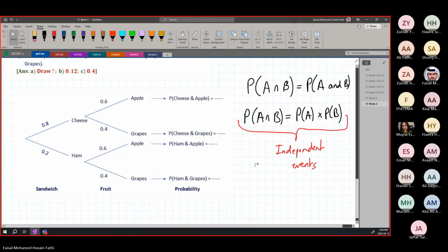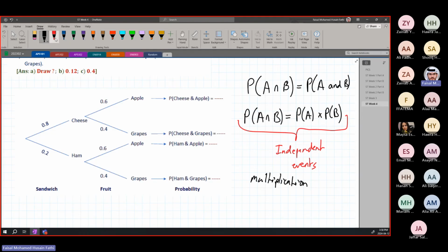Now, it's very simple. All you're going to have to do is multiplication in this case. In union, we did addition. In this case, we're going to do multiplication. So the probability of cheese and apple is 0.8 times 0.6.